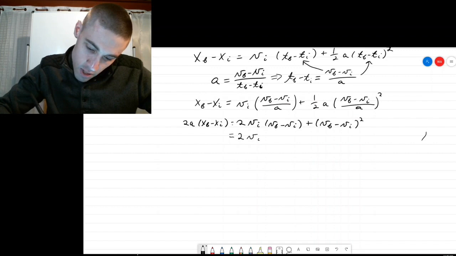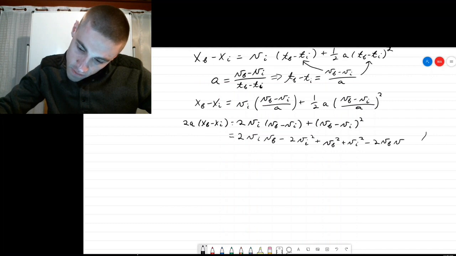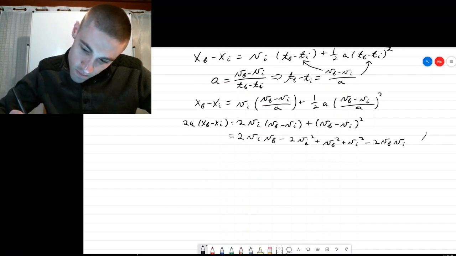So I'll have 2 v initial v final minus 2 v initial squared plus, now I'll factor out this term, v final squared plus v initial squared minus 2 v final v initial. Okay, so this term here cancels with that term there. And you'll note that there's a v final squared here, and there's a minus 2 v initial squared and a plus 1 v initial squared, so it just gives me v final squared minus v initial squared.